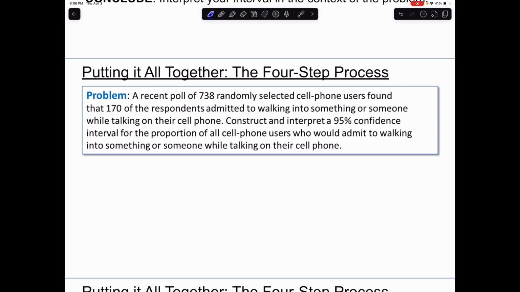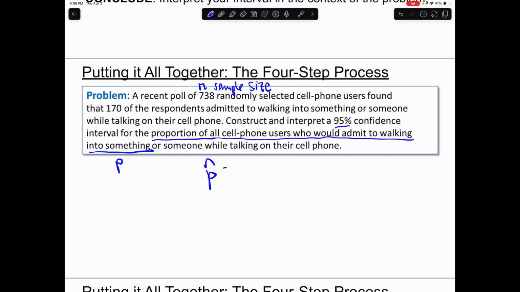Okay, so we have a bunch of cell phone users. This is N, the sample size. And we found that 170 of them admit to walking into someone when they're on their phone. Okay, here's our confidence level for the proportion of all cell phone users who admit to walking into someone. That is P, that proportion. Okay.